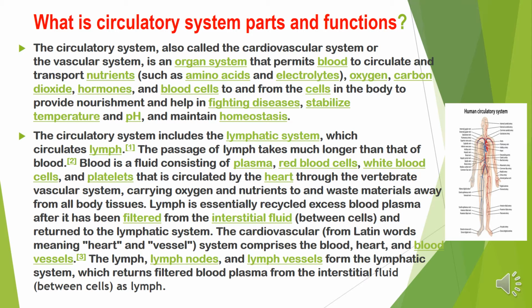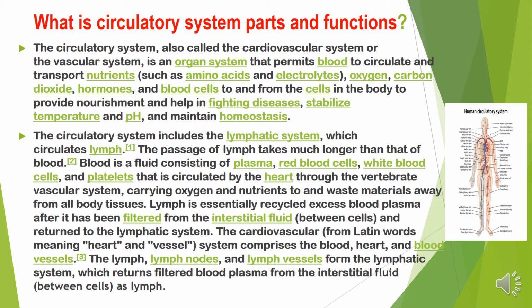Lymph is essentially recycled excess blood plasma after it has been filtered from the interstitial fluid between the cells and returned to the lymphatic system. The cardiovascular system, from Latin words meaning the heart and vessel, comprises the blood, heart, and blood vessels.